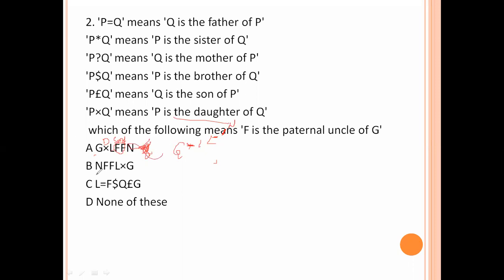This is not the answer. Here NFF, FL don't have any relationship, so this is also not the answer.